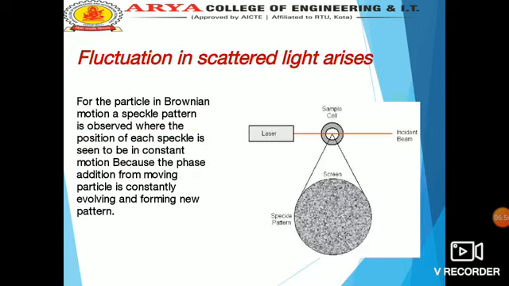Fluctuations in scattered light arise from the particles in Brownian motion. A speckle pattern is observed where the position of each speckle is seen to be in constant motion, because the phase addition for moving particles is constantly evolving and forming a new pattern.